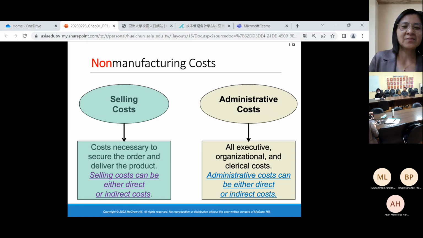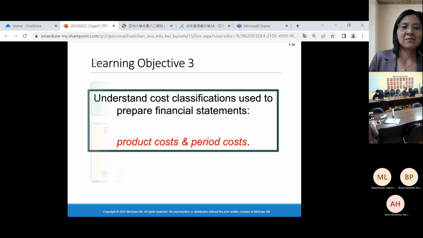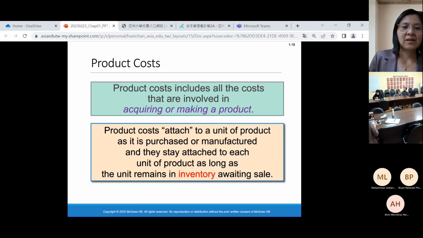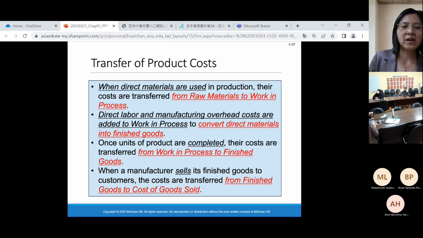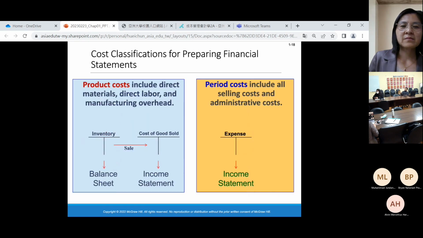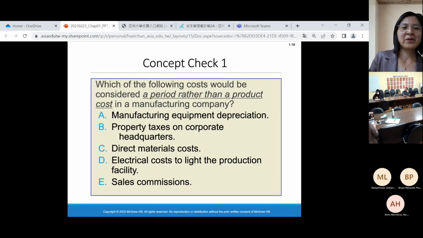They are period cost. And here, I think we don't put the definition for period cost. Here, period cost include all selling and administrative costs. Oh, good, you still remember.